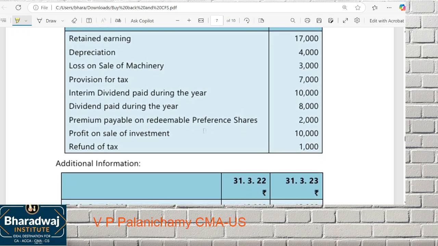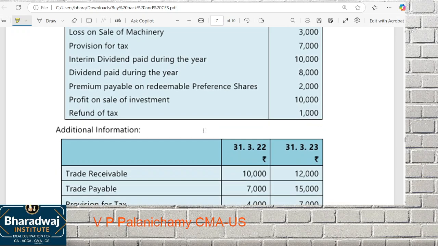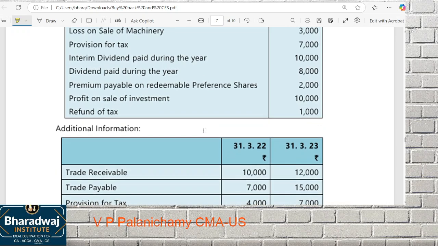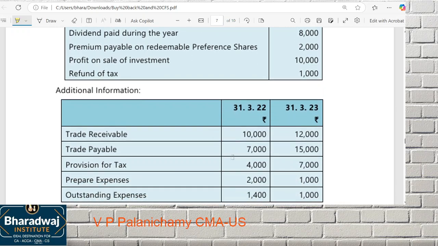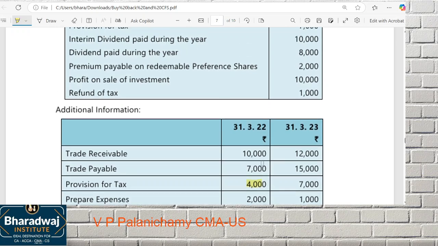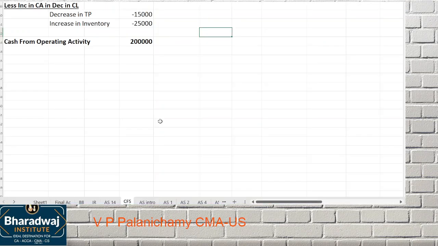Final answer 34,600? No. 30, 40, 4600. Did you subtract the tax paid? Tax paid. 43,600 is the correct answer.